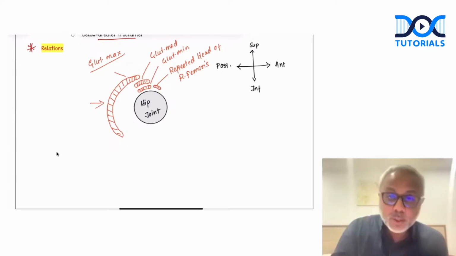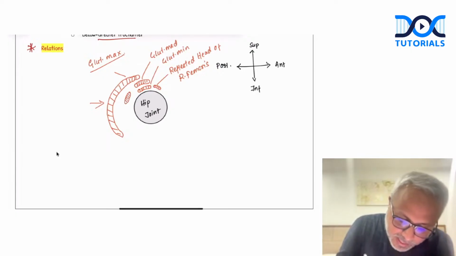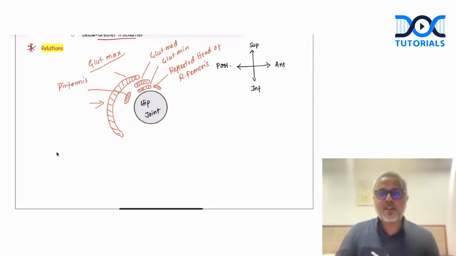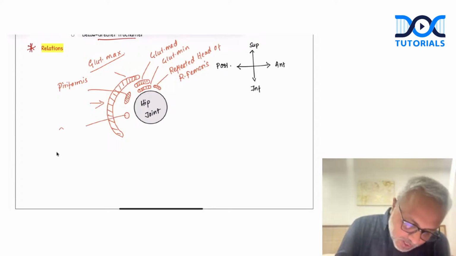Deep to the gluteus maximus, let's write one important muscle and call this piriformis. Right? So this is piriformis. Below the piriformis, we have the tricipital tendon. If you remember, this is the obturator internus muscle. Above and below, we have one muscle each.